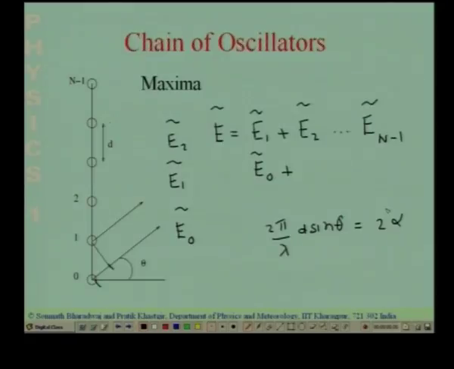So, what we can say is that E1 is going to be E0 e to the power i 2 alpha, it is going to come with a phase difference of 2 alpha. Similarly, let me write it down here.